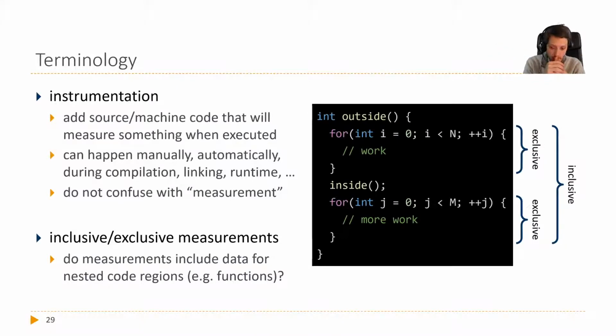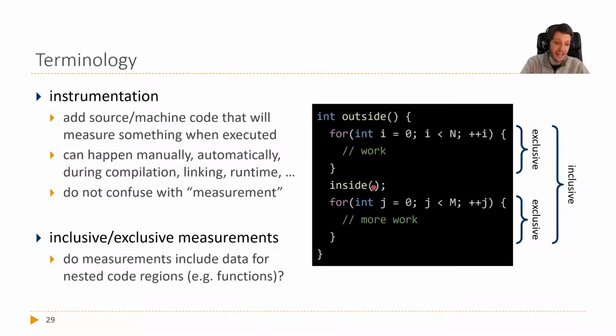And also there's the term of inclusive and exclusive measurements, which simply deals with whether we include data for regions that are nested. Here we have a function called outside, and if we take the inclusive time measurement, that means all of the time that outside consumed and also all the time of any function calls that were inside this function, including this function which is called inside here.